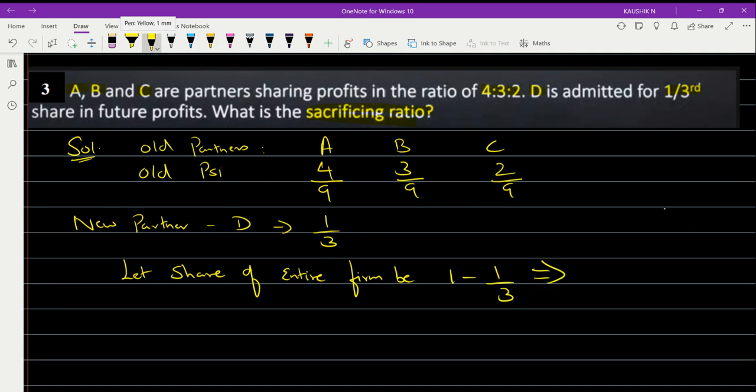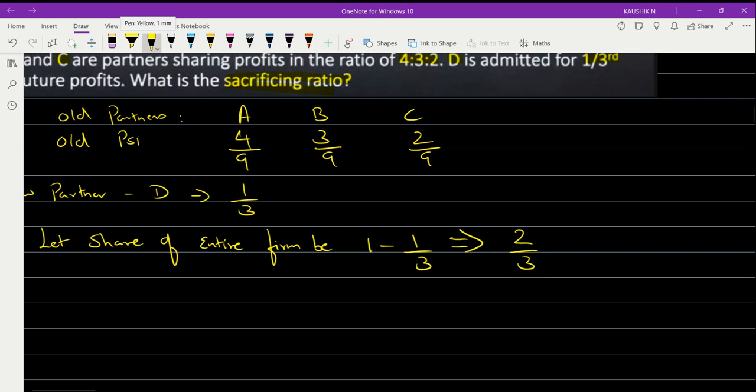From 1, if you give one third, very good, you will have 2 by 3. In this 2 by 3, we are now going to give the allocation to the three partners, A, B, and C. So A will have his share of profit 4 by 9 on this 2 by 3. So the remaining 2 by 3 into 4 by 9.